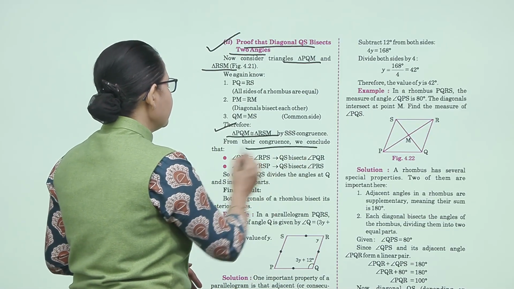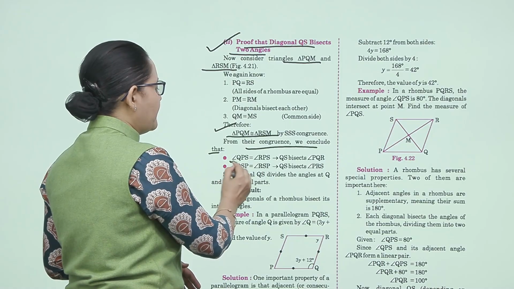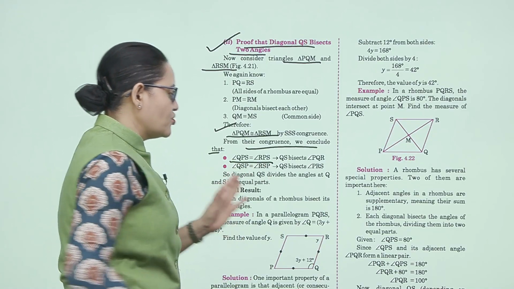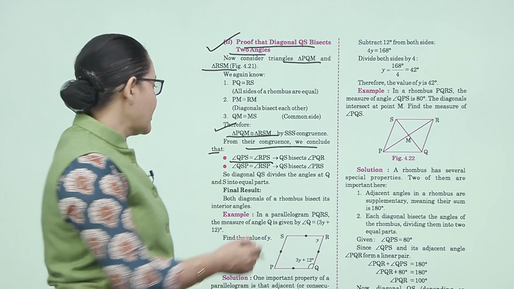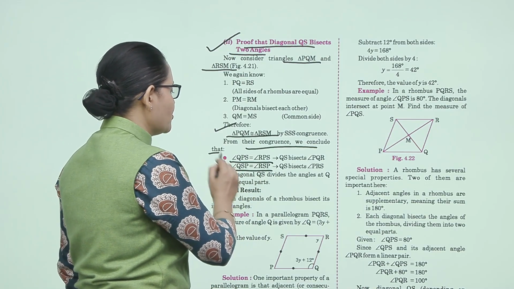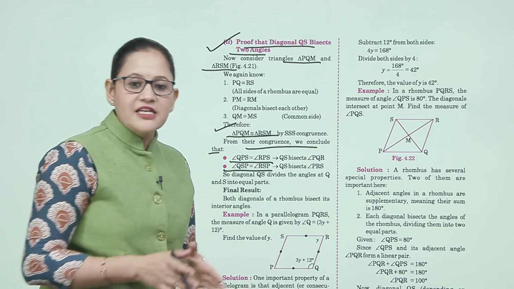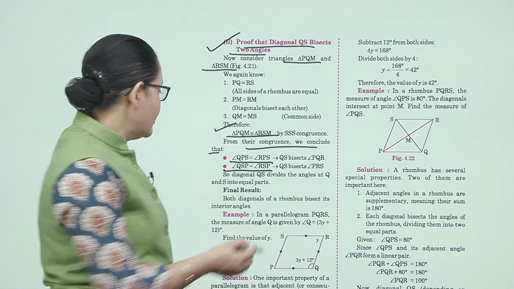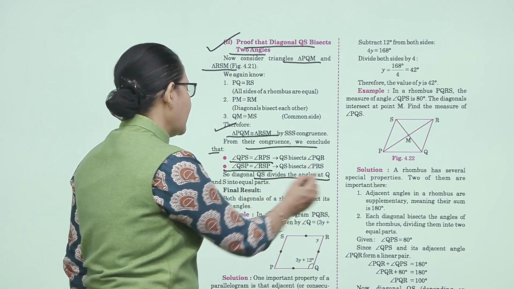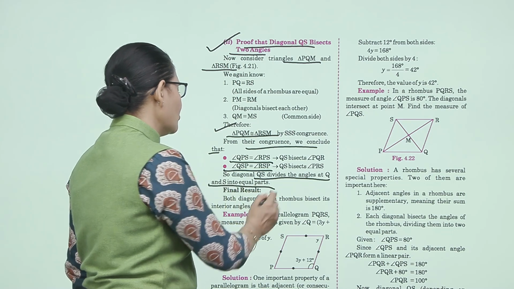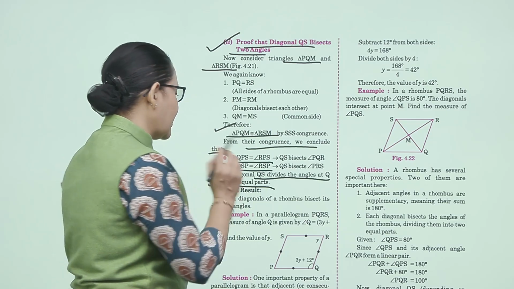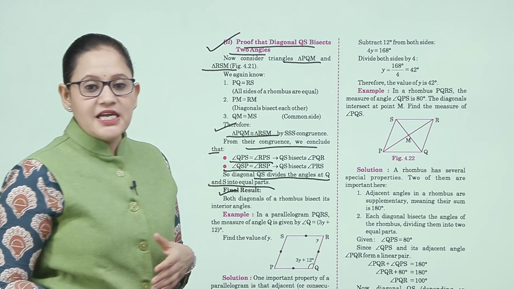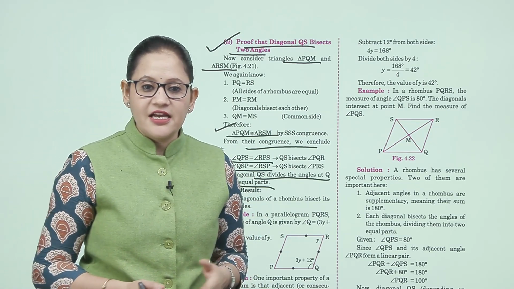From their congruence, we can conclude that angle QPS equals angle RPS and QSP equals RSP. So the diagonal QS divides the angles at Q and S into two equal parts. So the final result is that both diagonals of the rhombus bisect its interior angles.